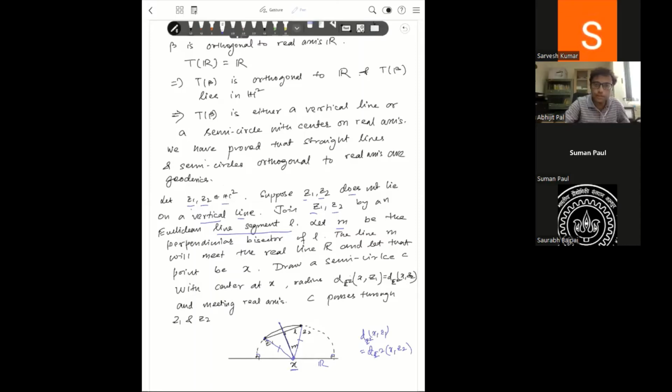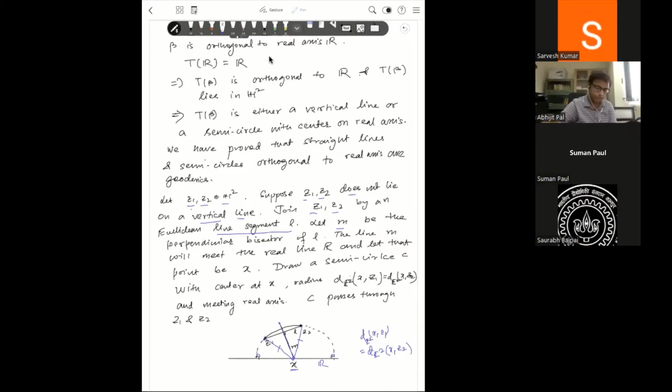Is it okay? Any question? Please feel free to ask questions. So what we have shown is that given any two points in the upper half plane, there always exists a geodesic joining Z1 and Z2, and in fact that geodesic is unique.